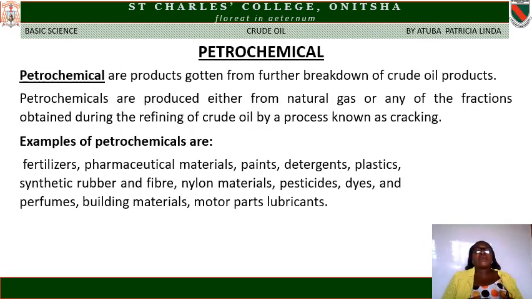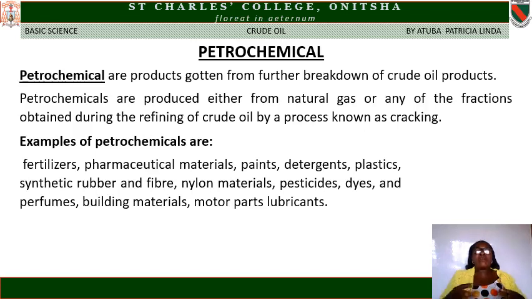Petrochemicals. Petrochemicals are products gotten from further breakdown of crude oil products. Petrochemicals are produced either from natural gas or any of the fractions obtained during the refining of crude oil by a process known as cracking.